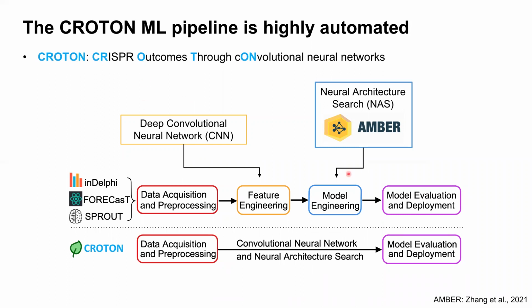In addition, to automate model engineering, we utilize neural architecture search, or NAS, a type of automated machine learning capable of generating other machine learning models. In particular, for NAS, we utilized a package named AMBER, which has been fine-tuned for application to biological sequencing-based machine learning. You can read more about AMBER in this work at the bottom right.